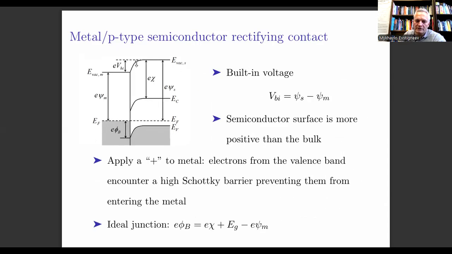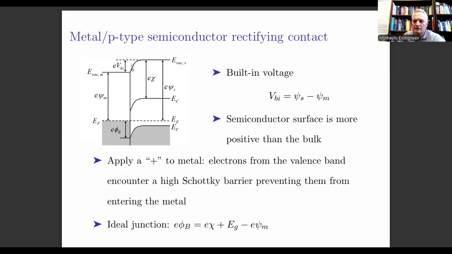The built-in voltage: we follow the convention in which the built-in voltage is always positive. So it is the difference between the semiconductor and the metal work functions, because the semiconductor work function is bigger than the metal work function.